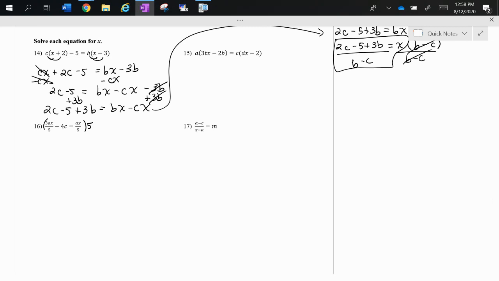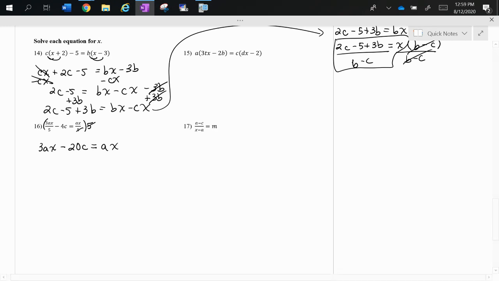So 3ax divided by 5 times 5 would be 3ax. And minus 4c times 5 would be 20c. And then I'm going to multiply ax divided by 5 times 5, which is just ax. So now that looks a lot better.